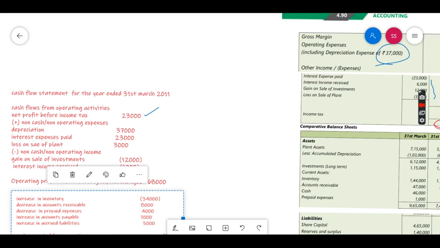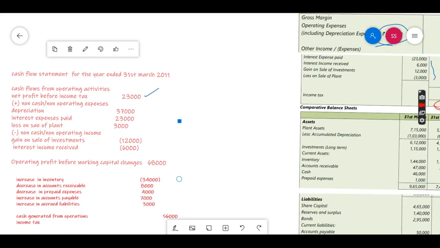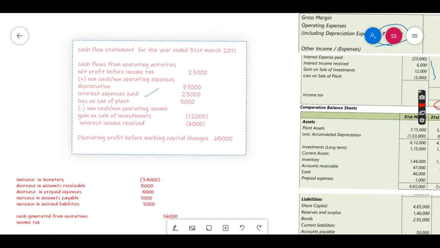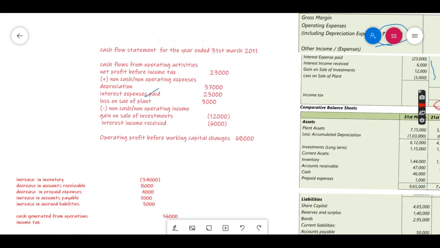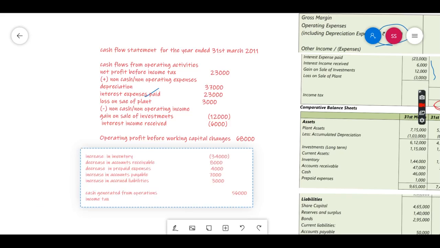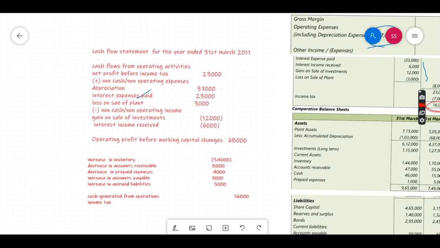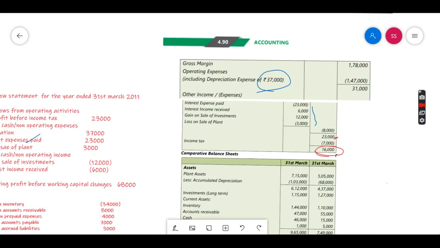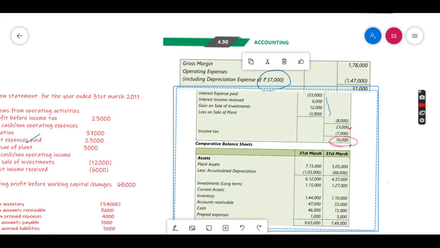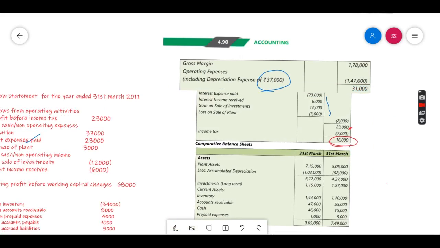Here the non-cash and non-operating expenses given in the question start with depreciation.